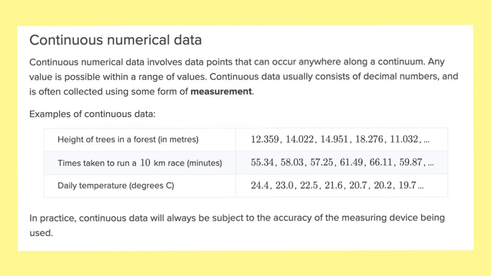The height of a tree is always going to be usually given to 2 decimal places, but you would never get a height of a tree at exactly 12 meters. It would be between a range that has been rounded. So I would put height and time taken to run a race in continuous data.